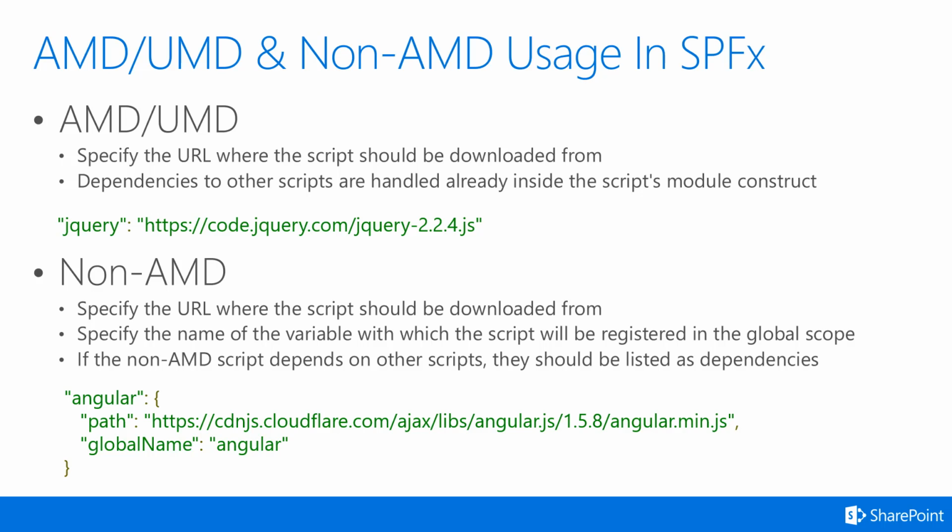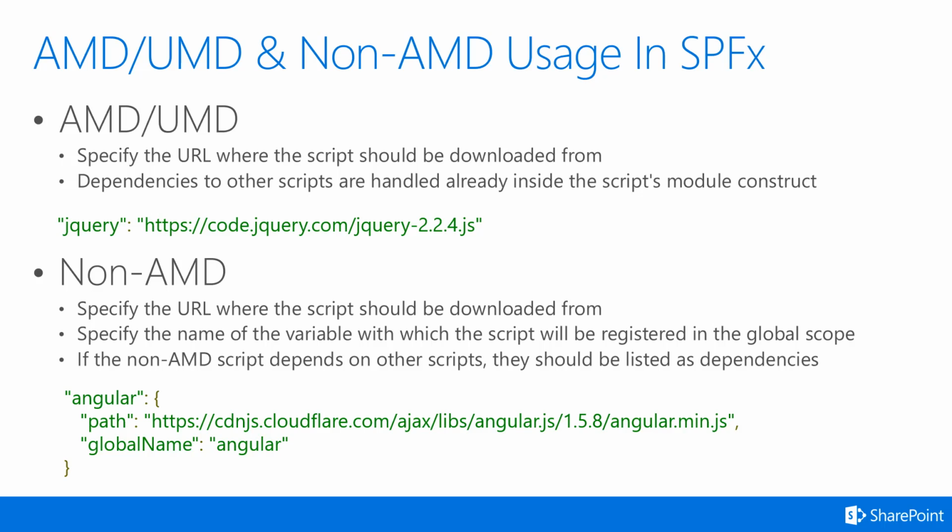With AMD or UMD options, we specify the URL where the script should be downloaded from within the config JSON. And then inside our implementation, we can reference that type and those modules, and easily implement our functionalities based on that.